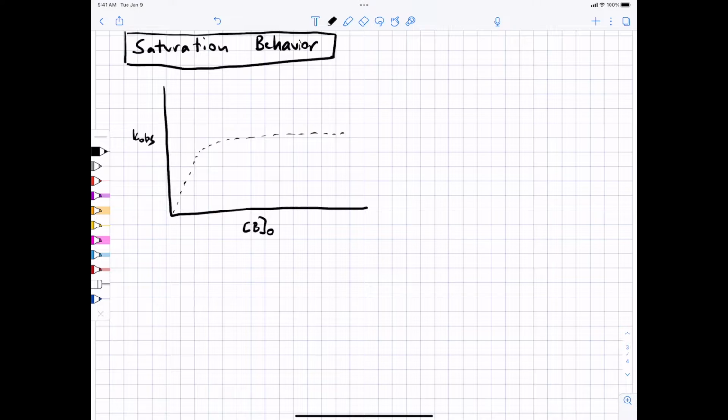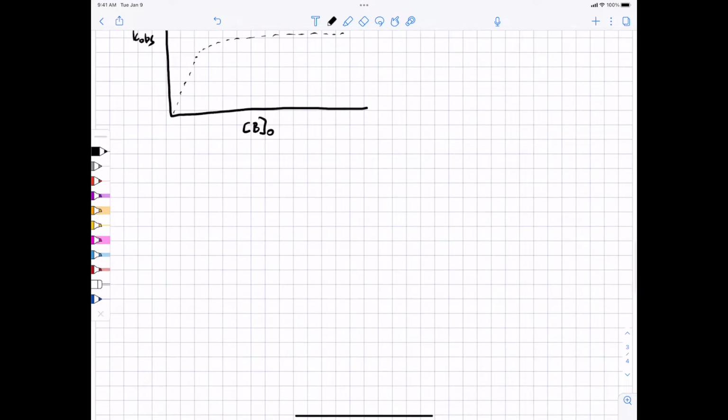The simplest example is just a starting material in equilibrium with a high energy intermediate that then undergoes a second reaction with molecule B with some rate k2 to give product.